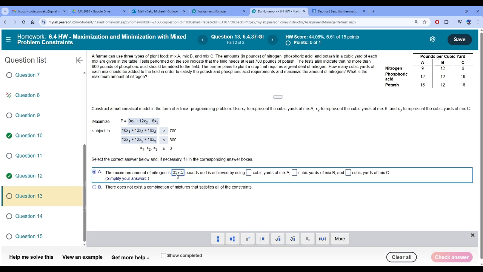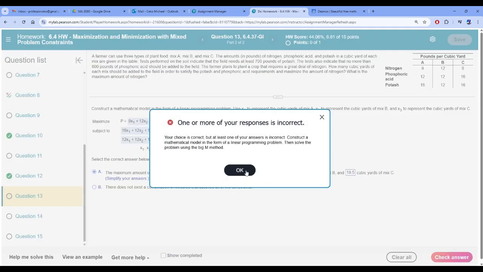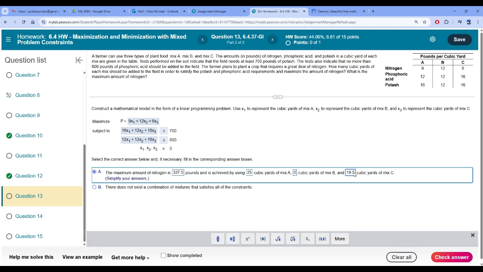So 337.5 by using 25 cubic yards of A and 75 divided by 4. What would that be? 18.75.